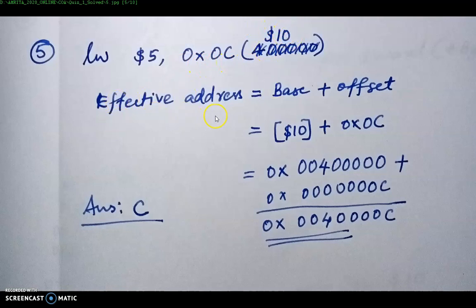So effective address is equal to base plus offset. So the content of $10, we write square brackets around $10 to denote the content of $10, plus 0x00. If you add, you get the address which was supposed to be loaded into $5. So the answer to the question is option C. Now, sixth question.